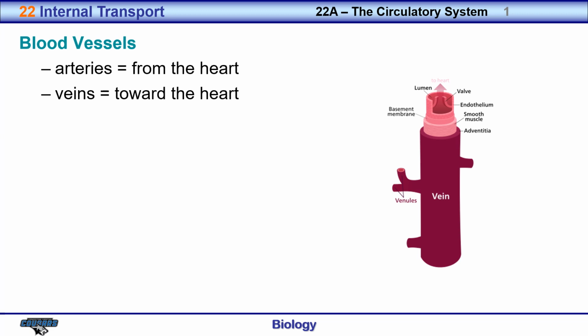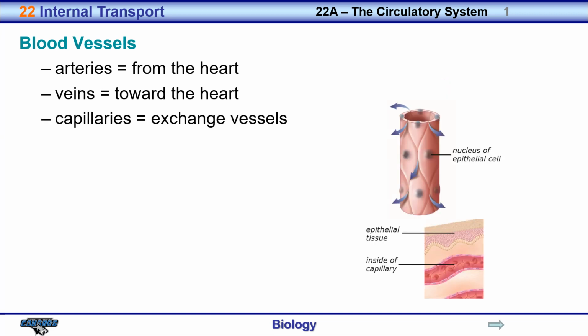And then connecting those two, we have the capillaries, which are just tiny vessels which connect the arteries and the veins, and they're like our exchange vessels. This is where all the exchange of oxygen and carbon dioxide and nutrients and things like that takes place in these particular blood vessels.